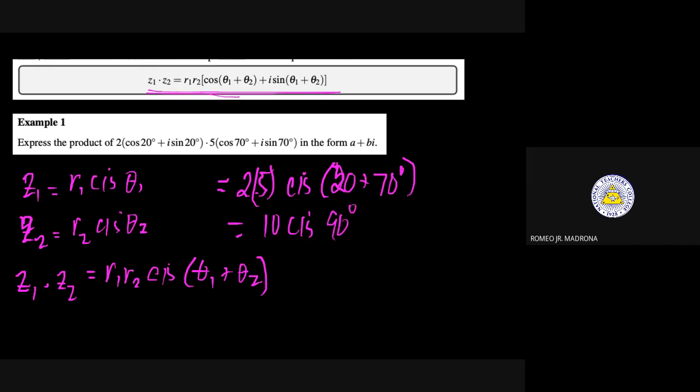Okay? So here, tingnan mo, pinahirapan pa nito. Hindi naman pala. So, if we're going to multiply, this is 2 times 5, cis, 20 plus 70. Ayan. So, this is 10 cis 90.